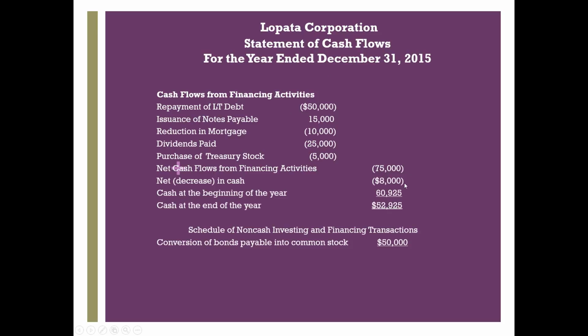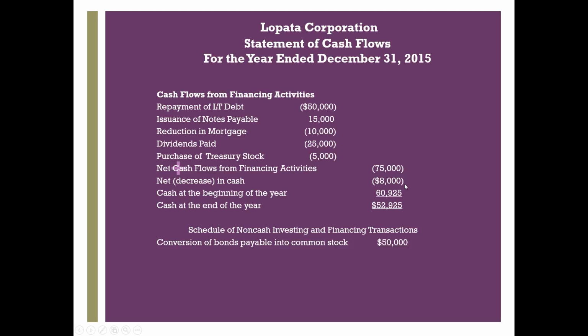Okay, next is the reconciliation of cash piece. Now, if we took this $75,000 from financing and we went up and took the amount from our investing activities above and then our operating activities, all three of those would net together a cash outflow of $8,000, okay?